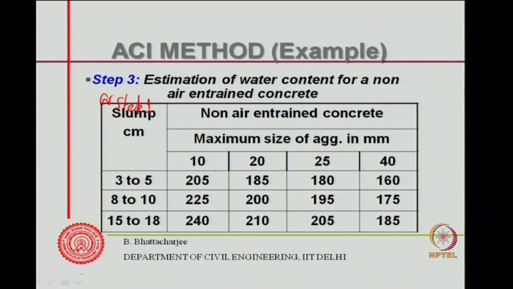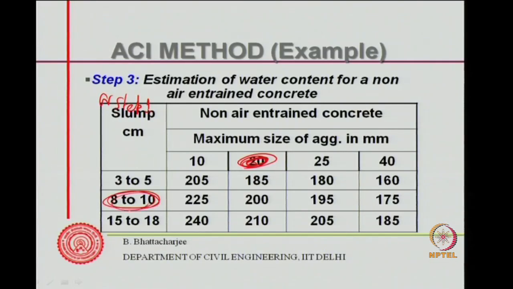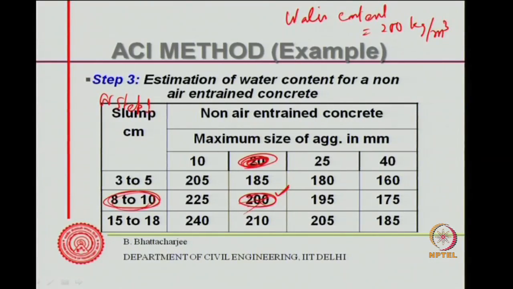Now, my MSA is 20, my slump is 8 to 10 centimeter, 80 mm, therefore my water is 200. So, water content is 200 kg per meter cube. So, that is the first step.